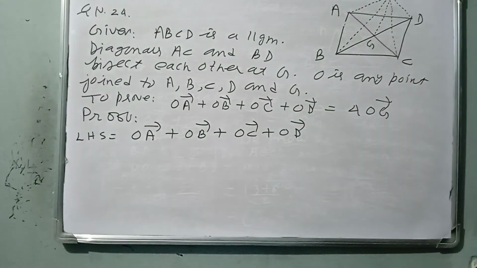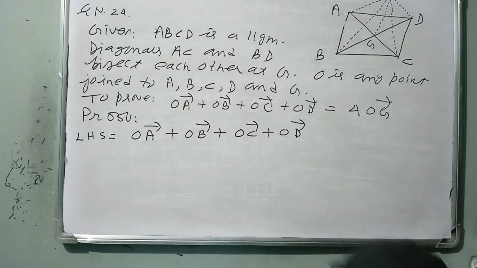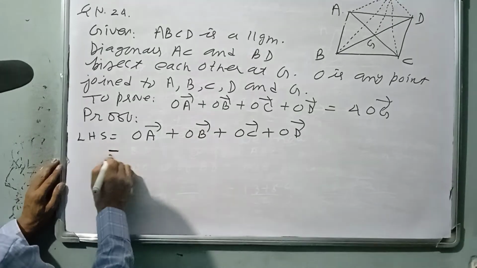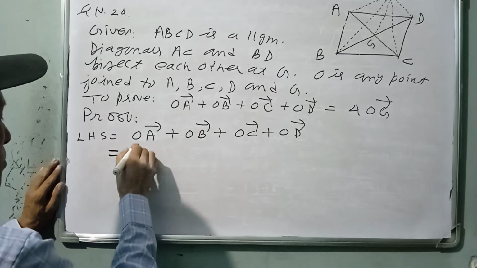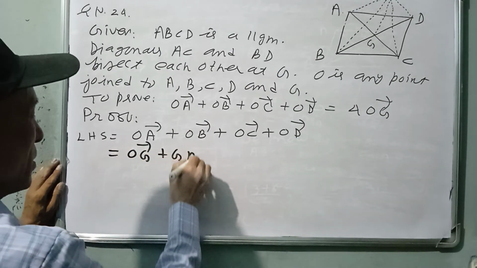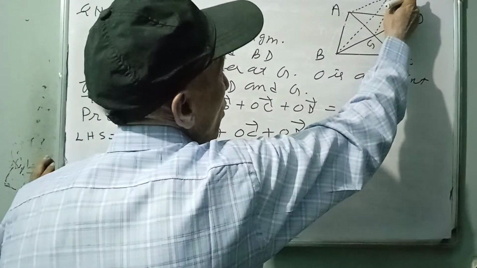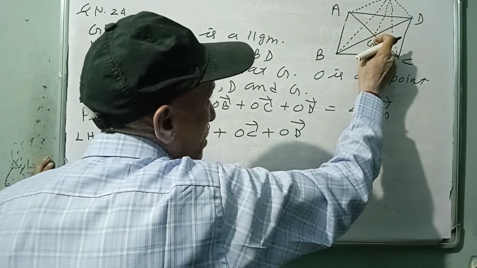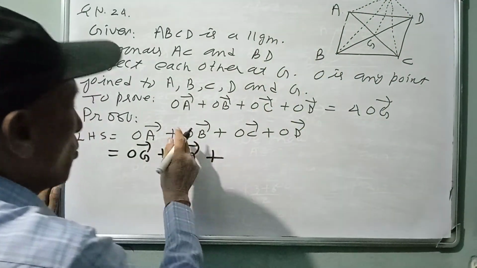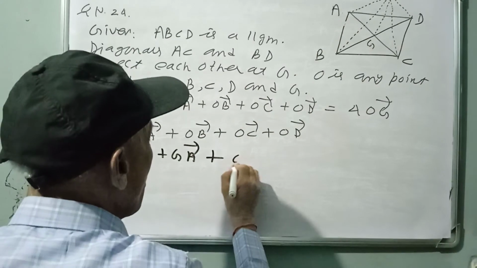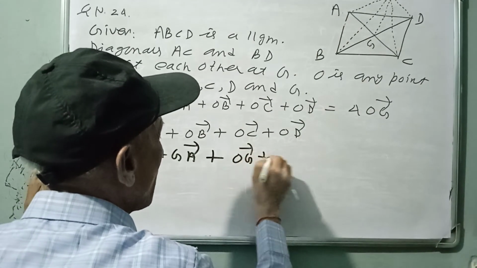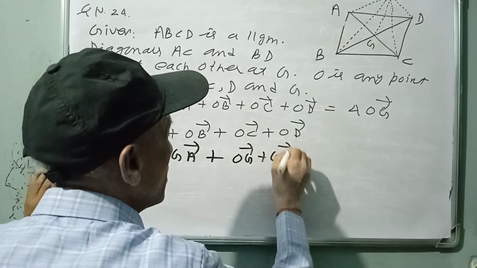OA we write as OG plus GA. OB is OG plus GB.